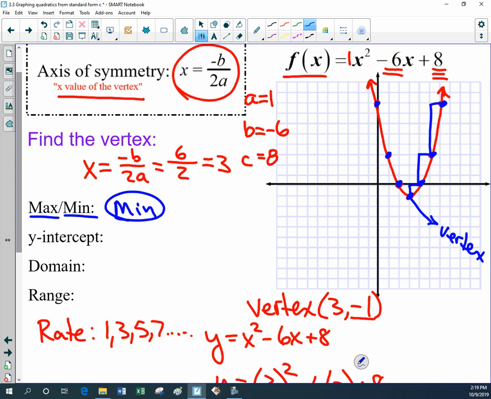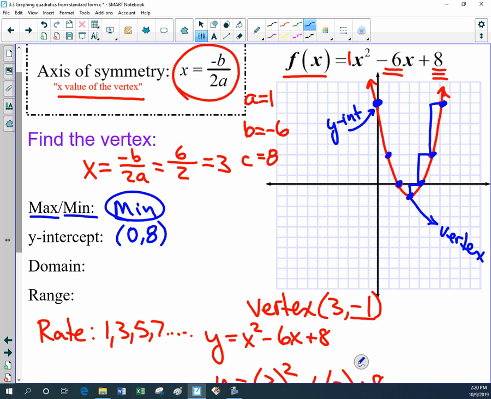The y-intercept would be where the graph crosses the y-axis. And so the y-intercept is right here. That's at 1, 2, 3, 4, 5, 6, 7, 8. So the y-intercept is 0, 8.